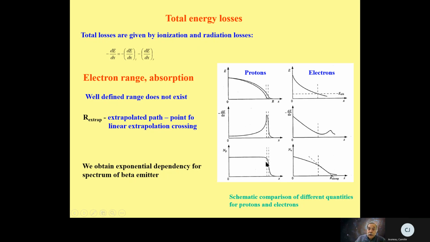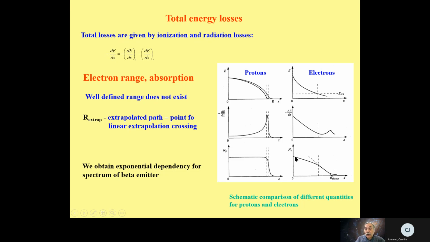This is a different situation for electrons, because you also have radiation losses. That means there will be a high loss of energy with very high energy.